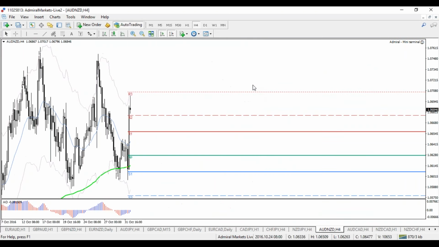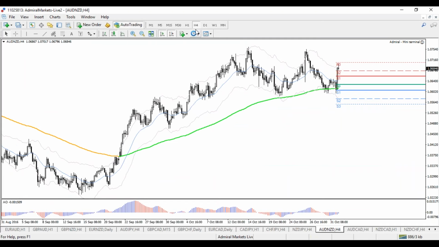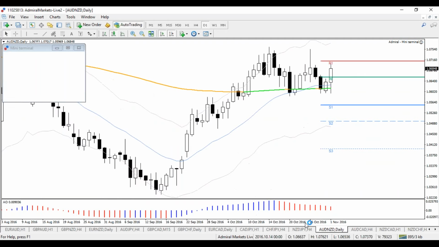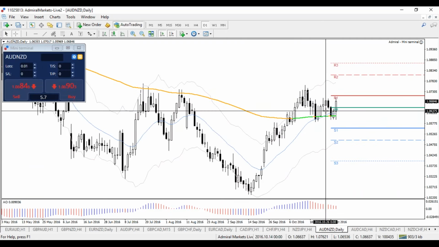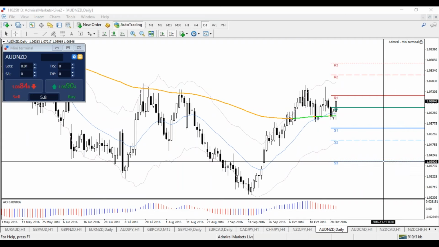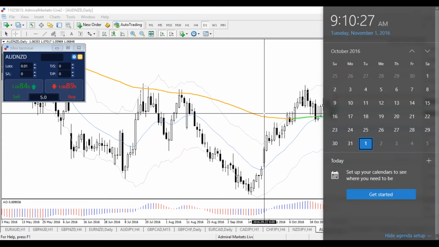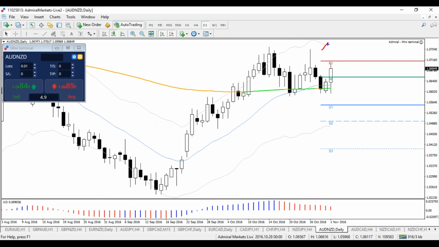Let's take a look quickly at the Aussie New Zealand. If my memory serves me correctly, let's check the 26th of October, Wednesday. We were talking in the strategy webinar about this candle.